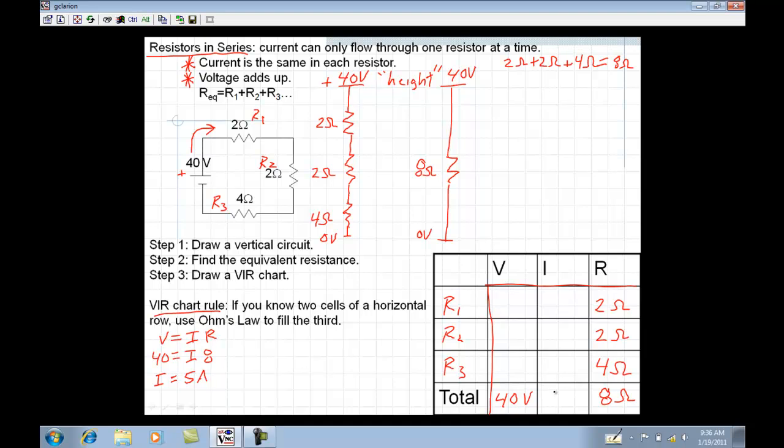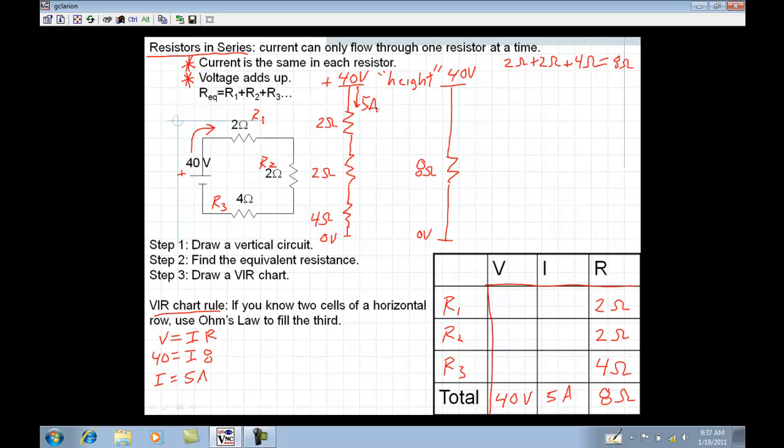So I will fill this out by writing out 5 amps. Okay, now we go back. What I like to do is this. I like to go back to my vertical circuit and draw that 5 amps, because I call that the battery current. That's the current coming out of this battery. So 5 amps are coming out of that battery.